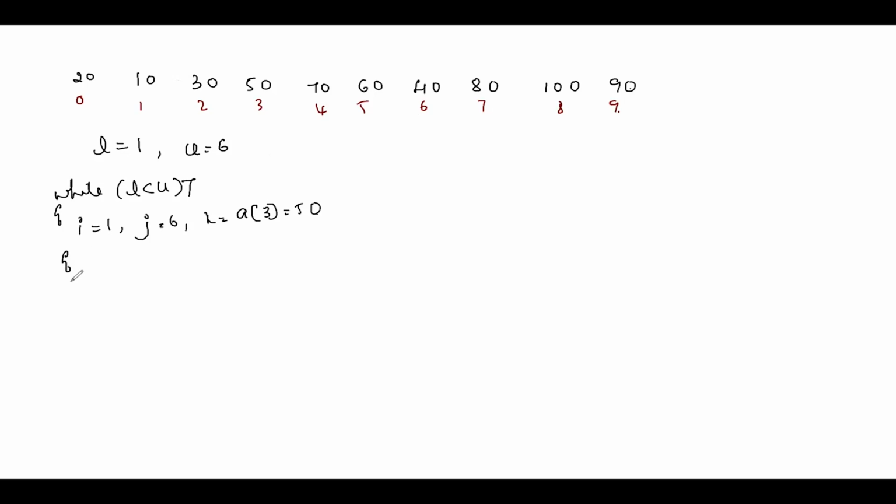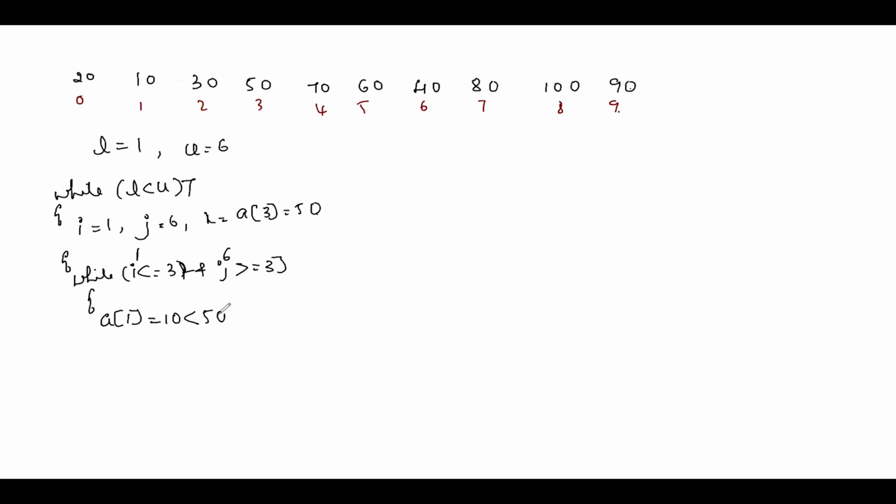All right. Now, next we are going to check whether i is less than or equal to 3 and j is greater than or equal to 3. In both the cases, it is true because i value is less than 3 and 6 is greater than 3. Hence, we are going to go ahead and check now values of A of i and A of j. So we will check now A of 1, which is nothing but 10.